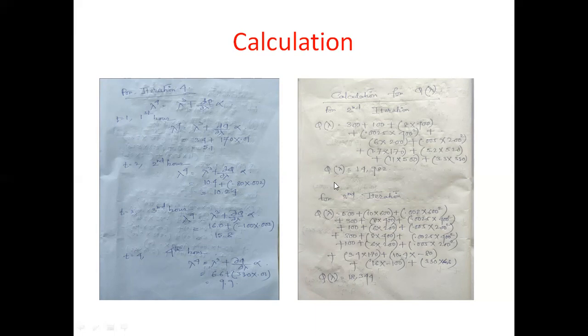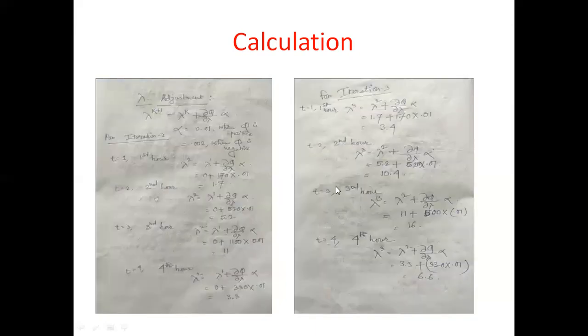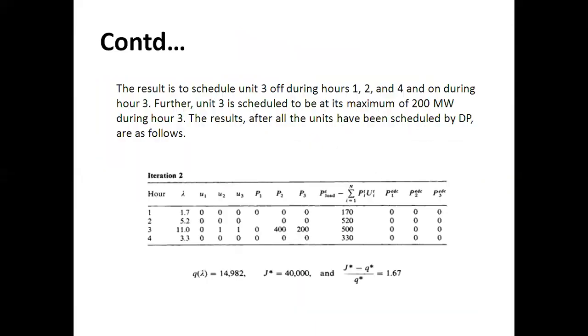That is how we find the value of q lambda, that is 14,982. So in this way the q lambda is calculated. Here this is 14,942.